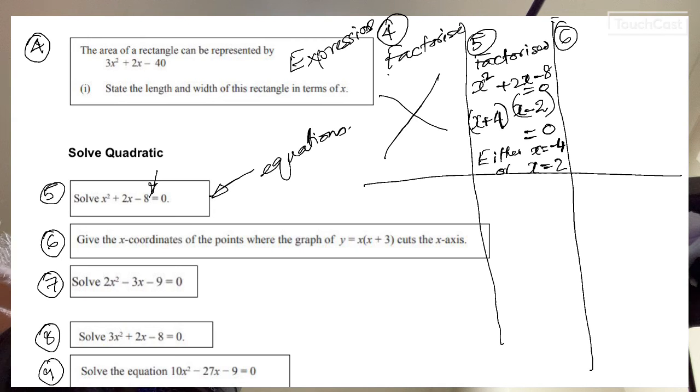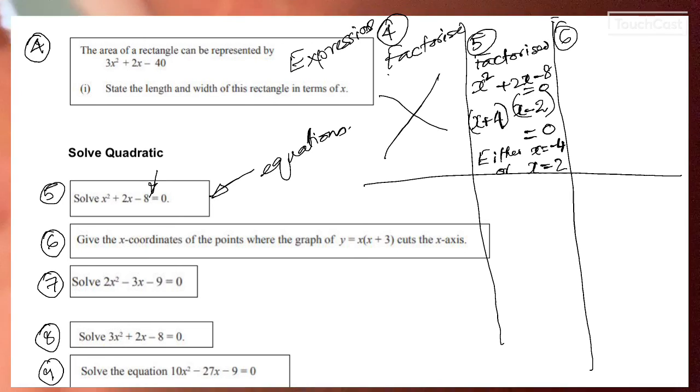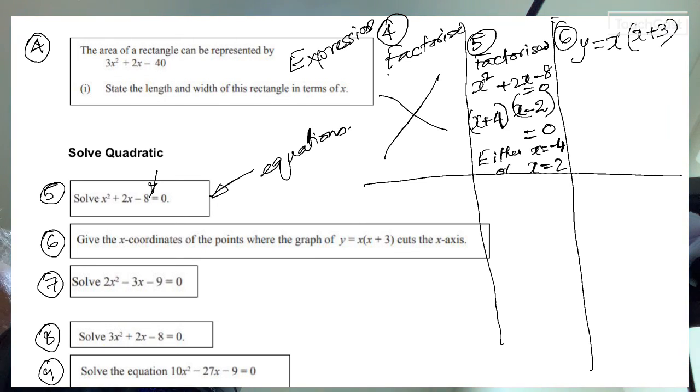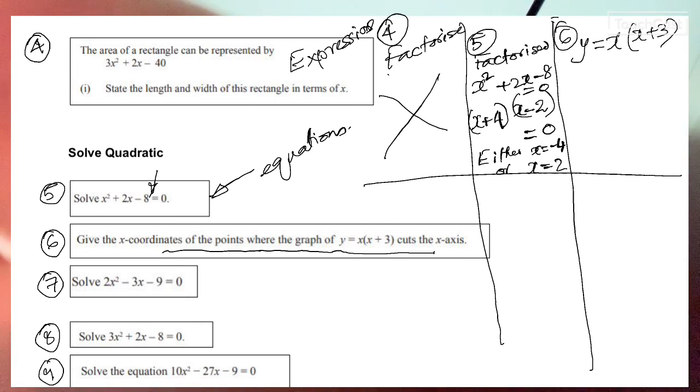now question 6 is quite tricky for beginners. A function is given, y equals x times x plus 3. The x coordinates are points where the graph cuts the x-axis.